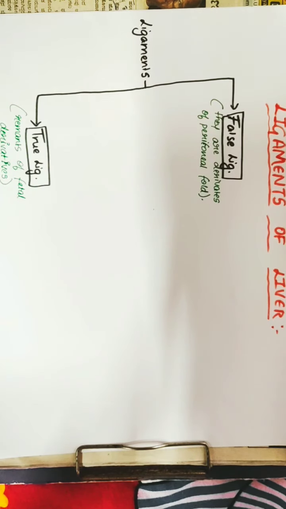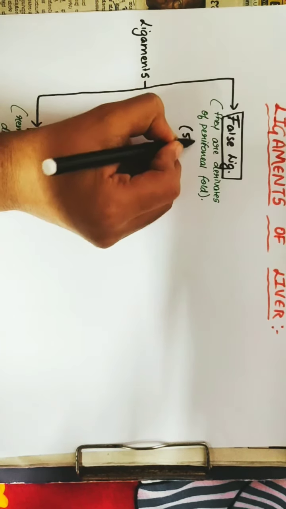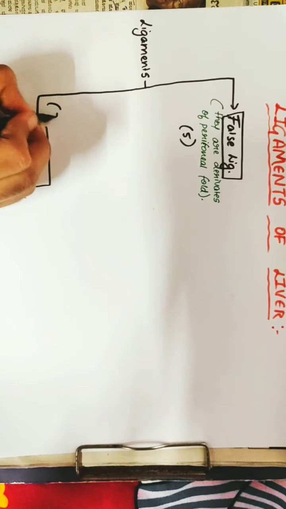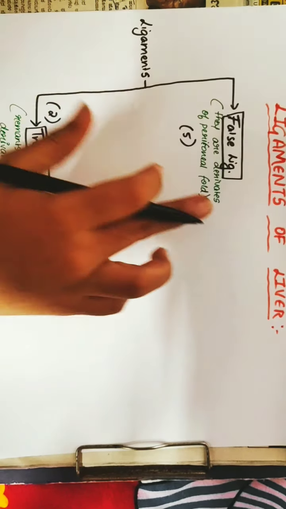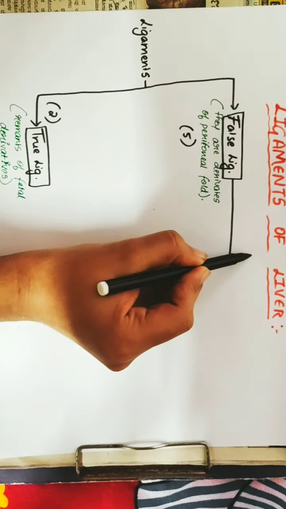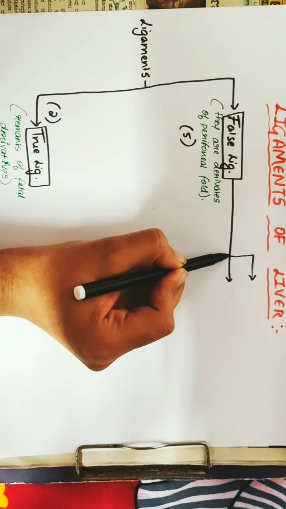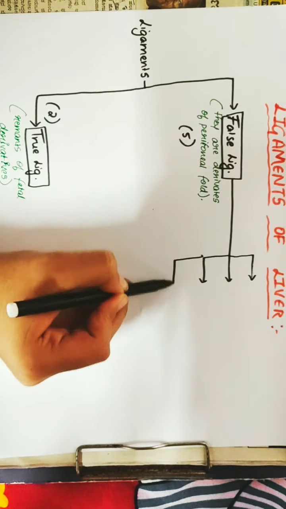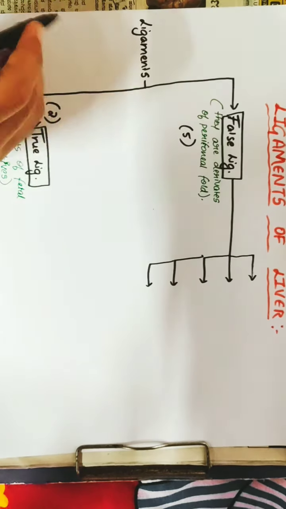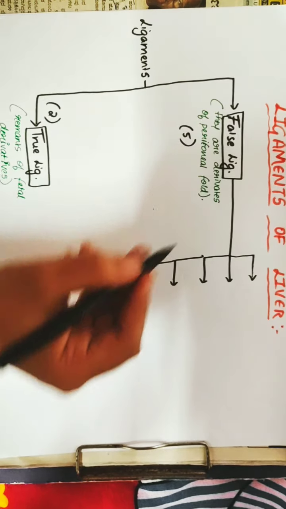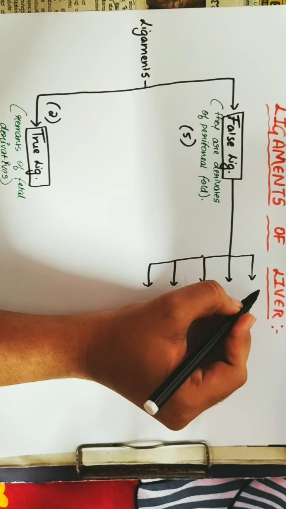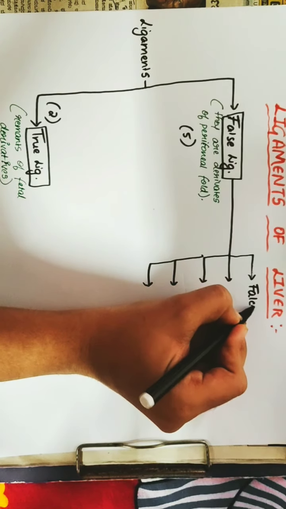Now, see. False ligaments are of 5 types. True ligaments are of 2 types. Remember that. False ligaments are of 5 types: 1, 2, 3, 4 and 5. So the first one, false ligament, is the falciform ligament.